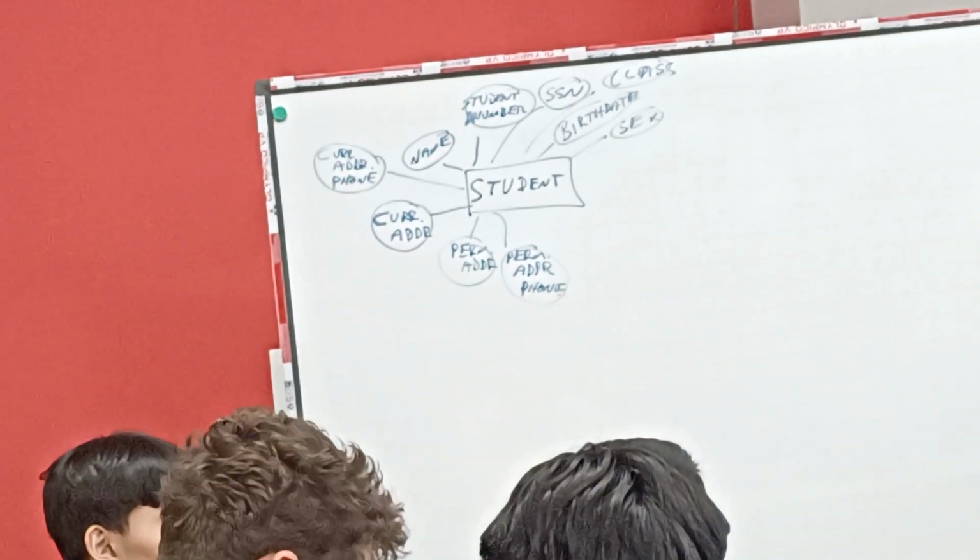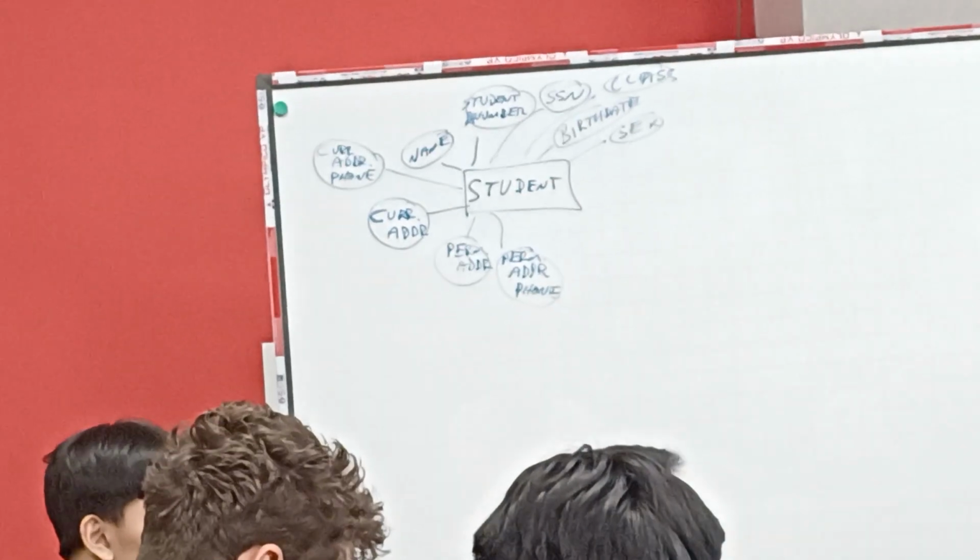Freshman, sophomore, graduate. What do you do with freshmen and sophomore? How did you model it? So just look at your diagram. Don't start thinking now. How did you model it? Normal attribute. So you have one attribute class, one attribute freshman, one attribute sophomore, like this?